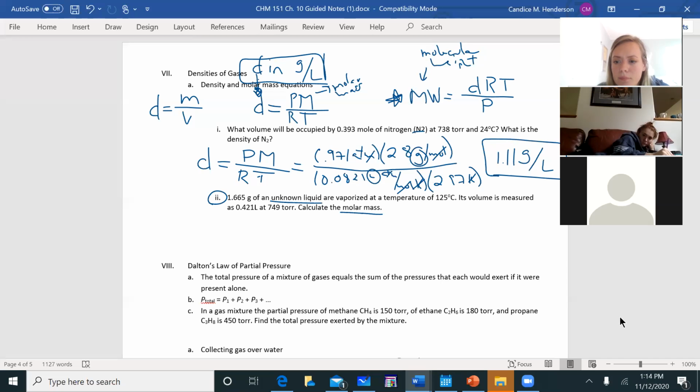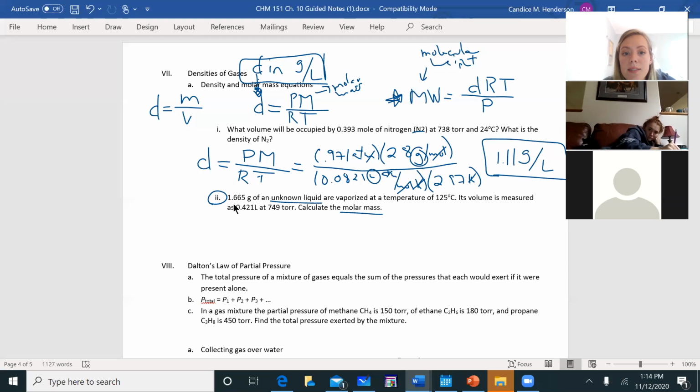I'll give you 5 minutes. On this one, we have 1.665 grams. We have 125 degrees Celsius. We have a volume of 0.421 liters. And we know the pressure is 749 torr. Make sure you're using the right units too.